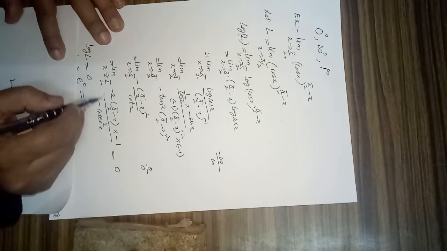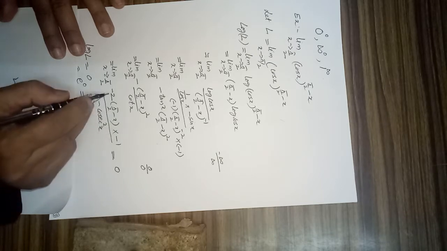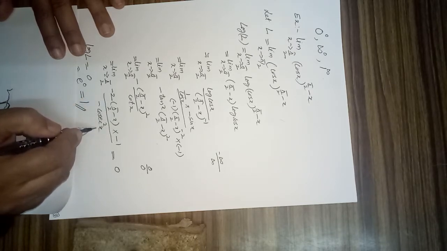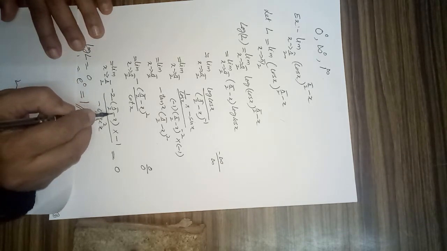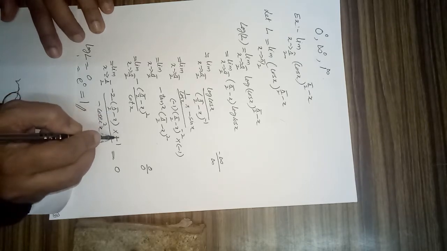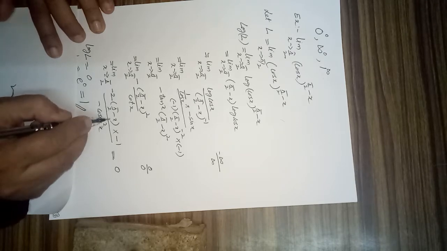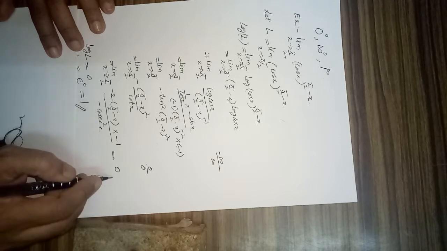If we substitute x equal to pi by 2, minus 2 into pi by 2 minus pi by 2, which is 0, into minus 1, minus plus, divided by minus cosec squared pi by 2, which is 1. So the numerator is 0 divided by 1, which will be 0.